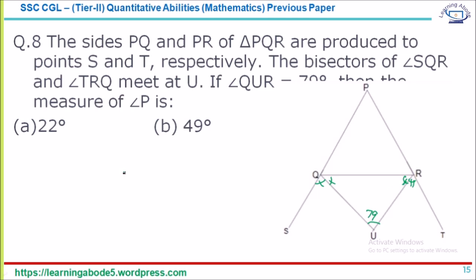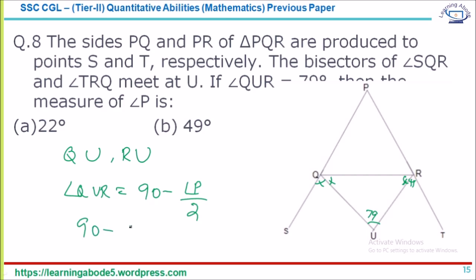Since QU and RU are the angle bisectors, you can write angle QUR is equal to 90 minus half of angle P. Now this is 79, so 90 minus half of angle P is equal to 79. So angle P is equal to 22. That's answer option A for question number 8.